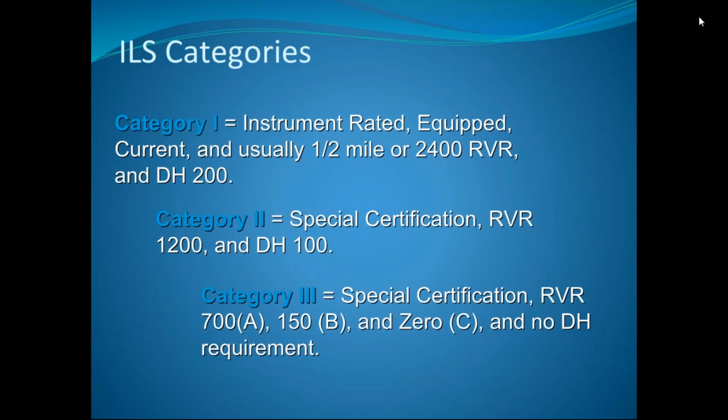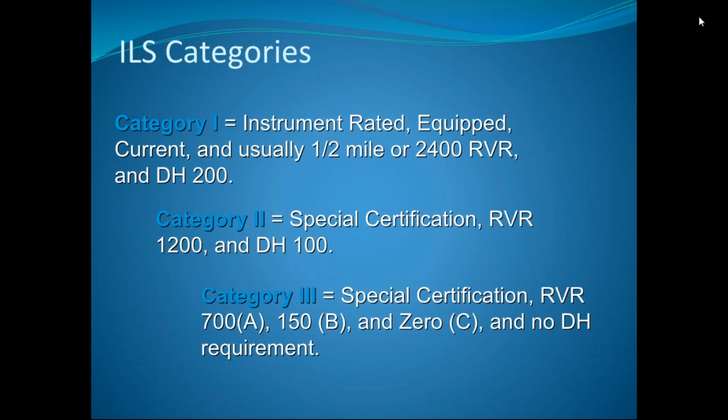Only very specific aircraft can shoot these approaches. They have to have very special equipment inside the aircraft, some of those being a heads-up display, an autoland system, things of that nature. So that's where the special certification comes in.